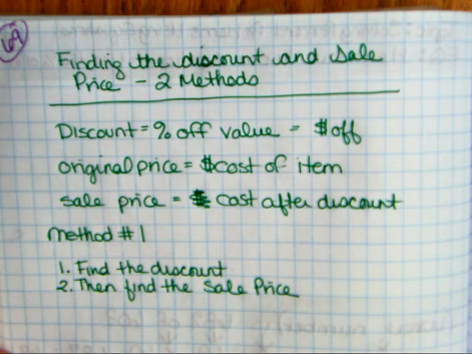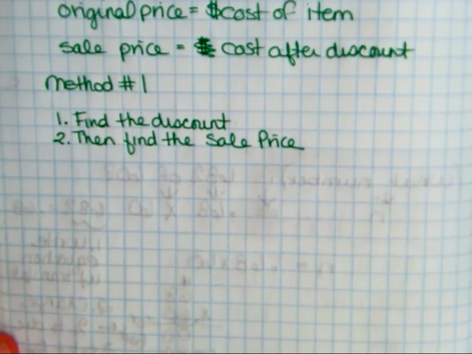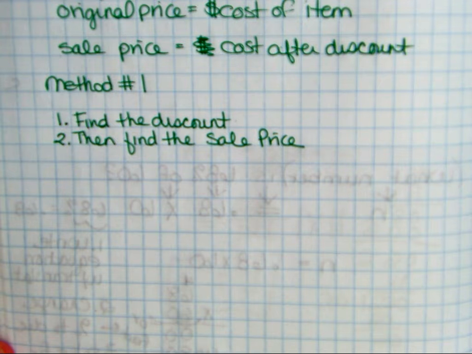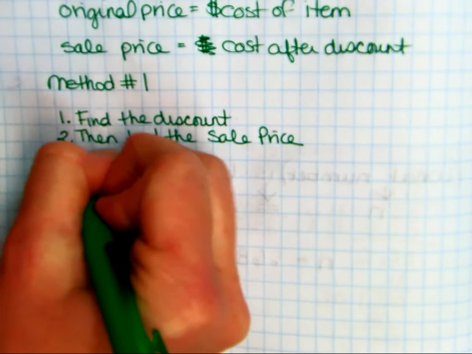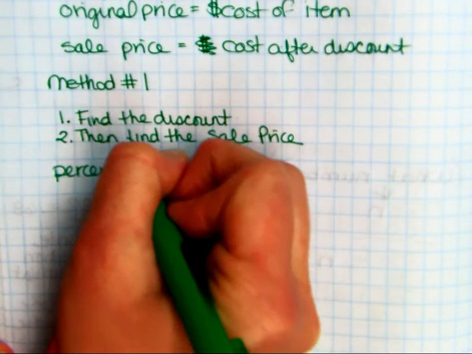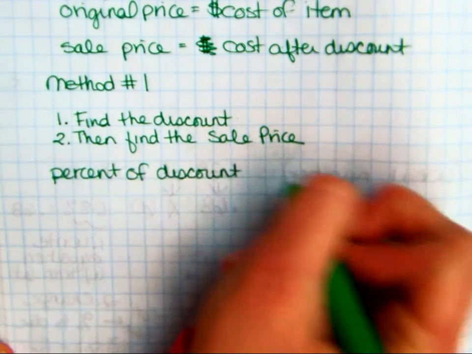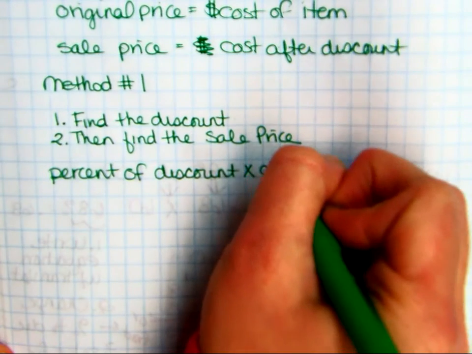Okay, so let's look at how this works. What you would have to do is the percent of discount times the original price.